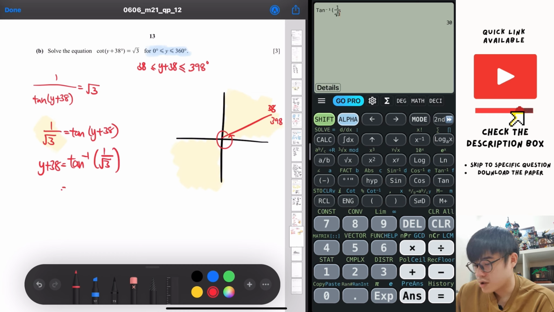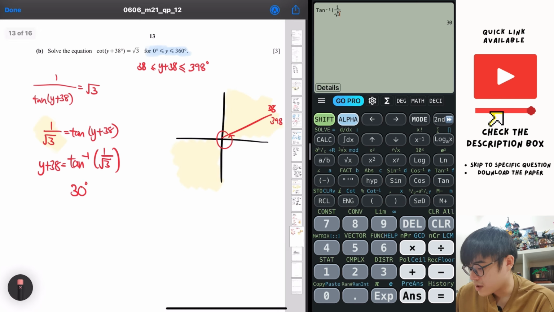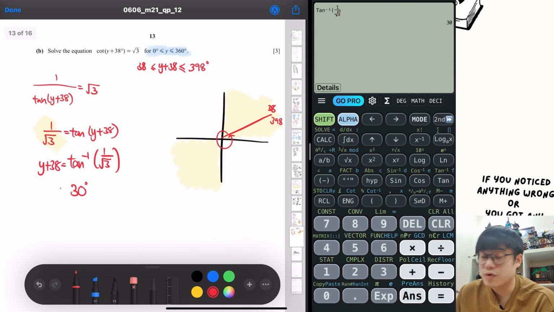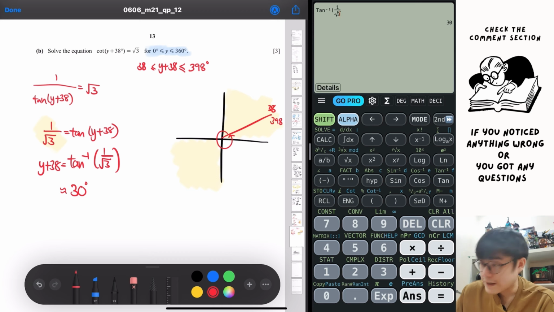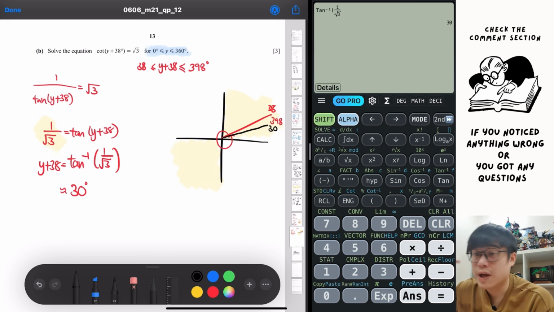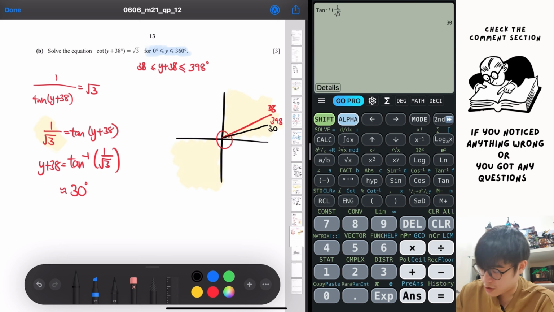So the answer here will actually be 30. Okay, but instead of writing it as an equal sign, I will now use this curly sign here. The reason being, 38 actually falls underneath the starting point, so somewhere around here only, which means that we might not have a suitable result. 30 is not suitable here.